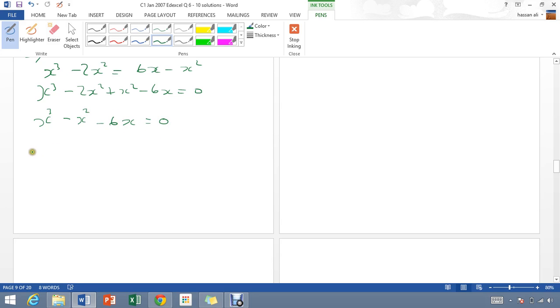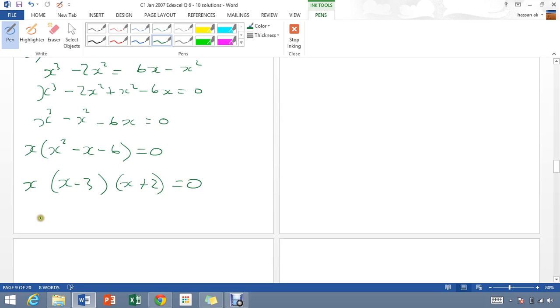Now if I factorize this, they've all got x in common, so x times (x squared minus x minus 6). Now I can put that into two brackets, so x times (x minus 3) and (x plus 2). If I add minus 3 and plus 2, that gives me minus 1, and multiplying gives me minus 6. That works.